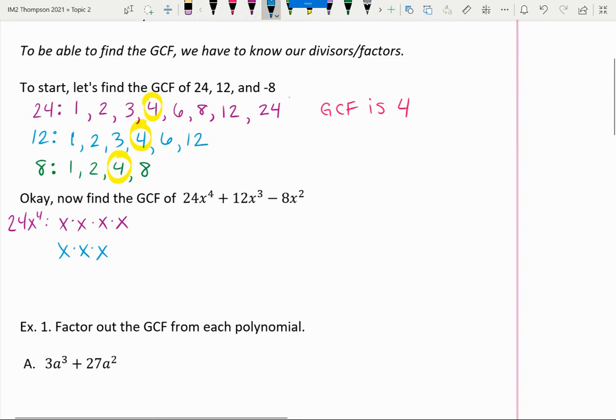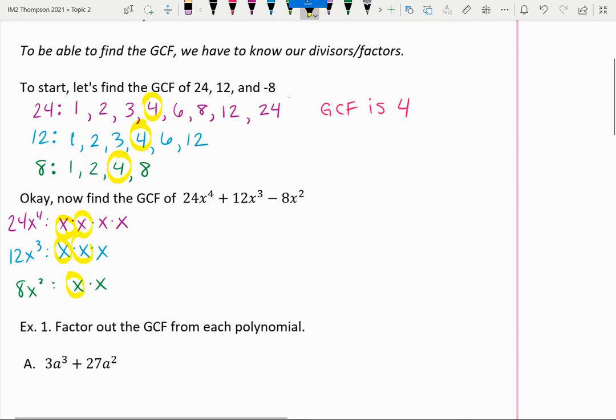I'm kind of doing this one in pieces here. I already took care of the numbers, so I'm not going to include them this time. All right, so greatest common factor. They all have an x in common.